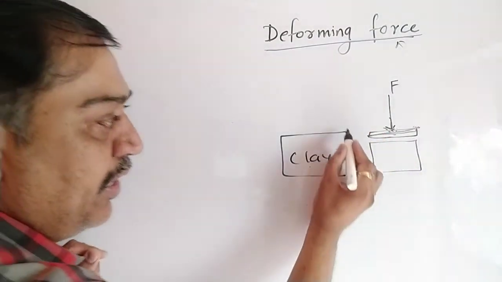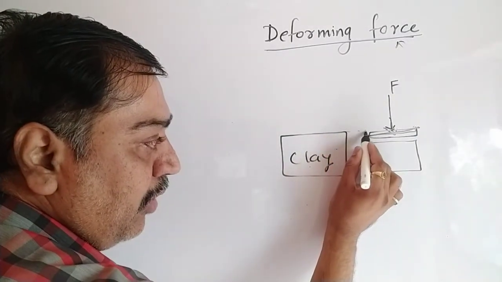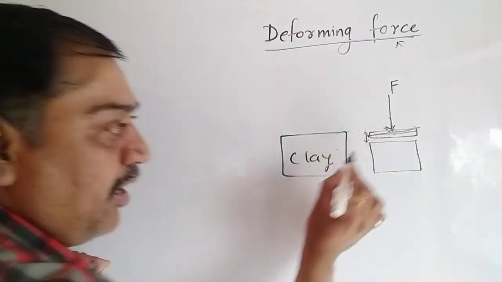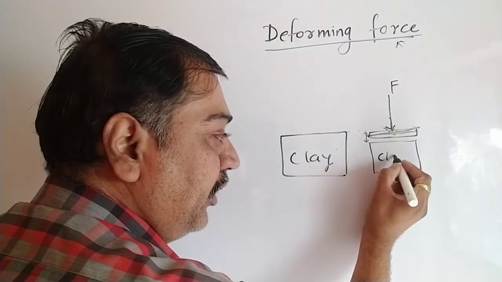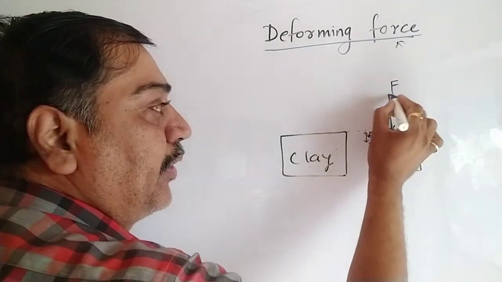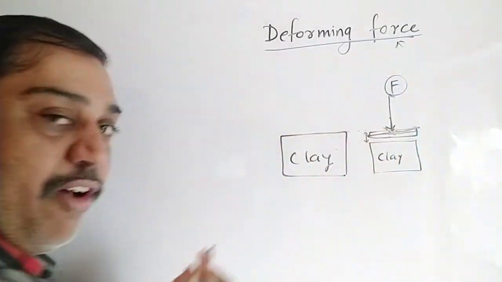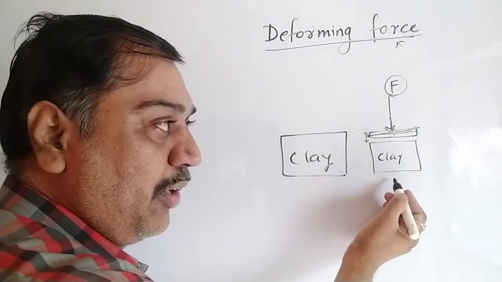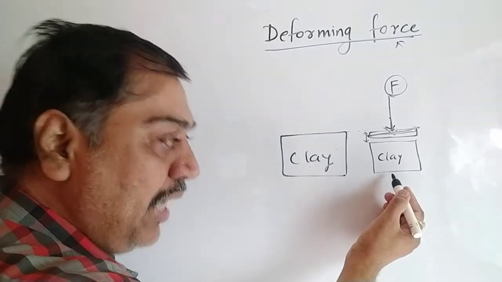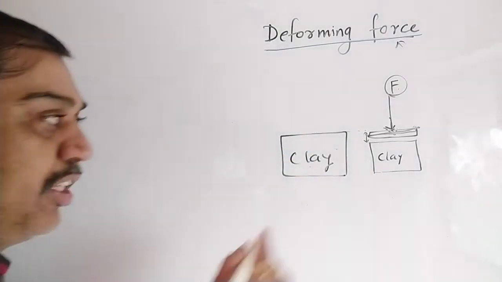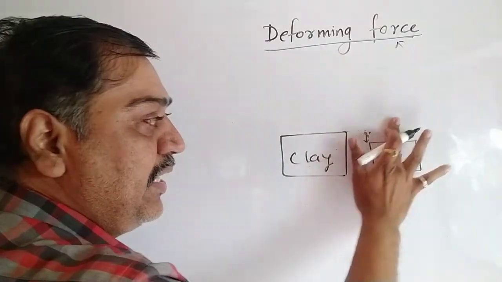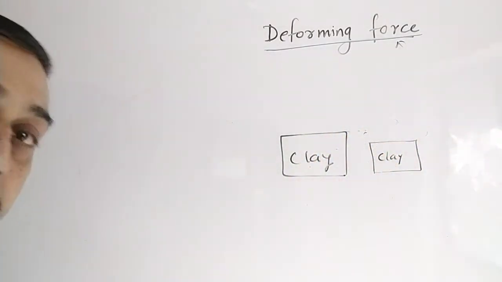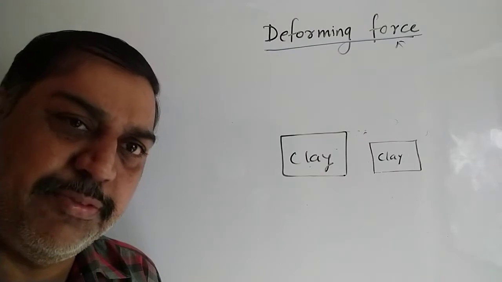Then what will occur? Initially the clay is here somewhere. Now this much is decreased in height. So the shape of the clay gets changed after application of this force. This is a deforming force, and this state is said to be the deformed state of the clay. Now when you remove this force, in case of rubber it will regain its original shape and size, just like a sponge.